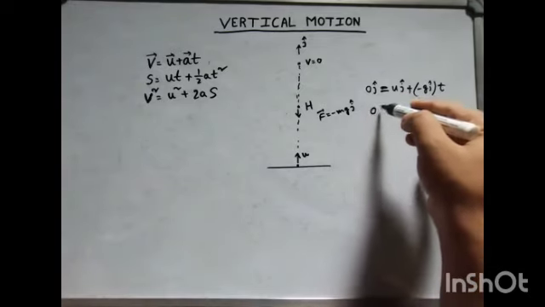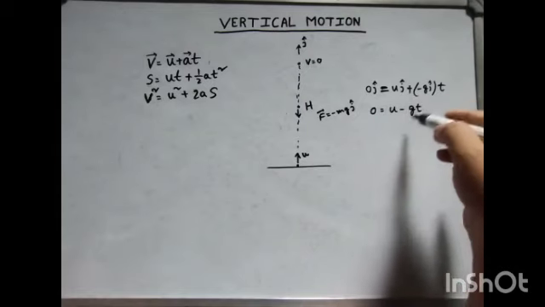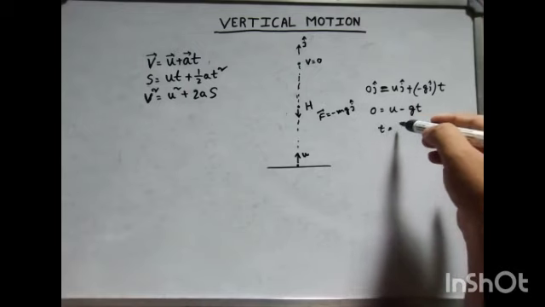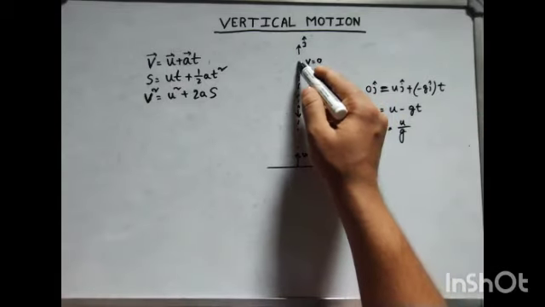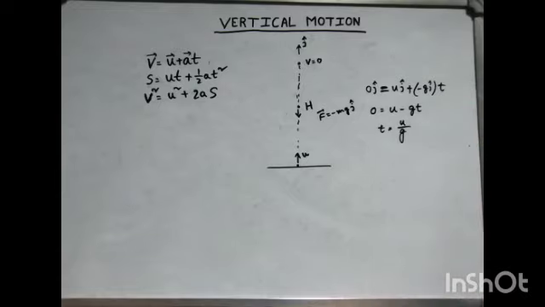So that means it will be 0 equal to u minus gt. So this t will be minus u by minus g, that is u by g. So the time it will take to reach the upmost point will be u by g.